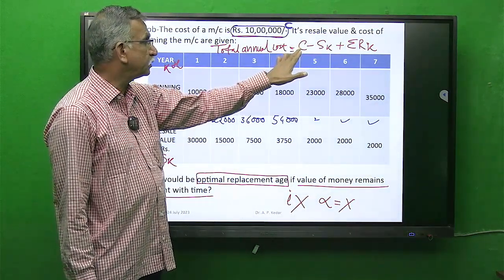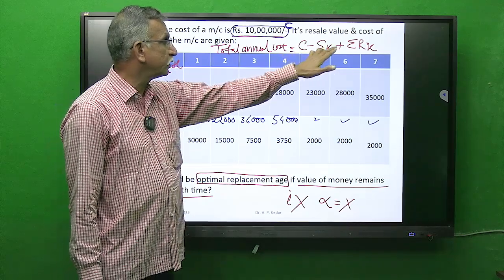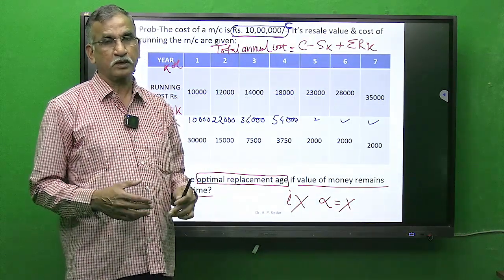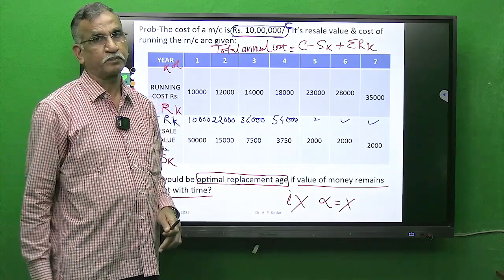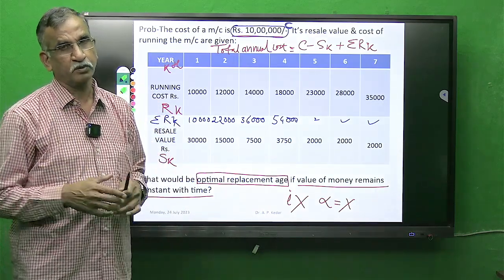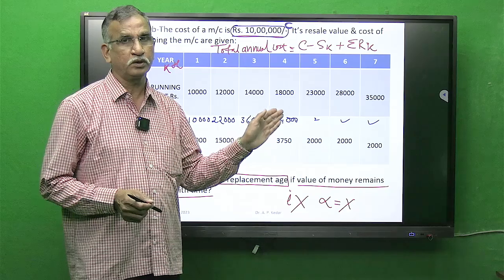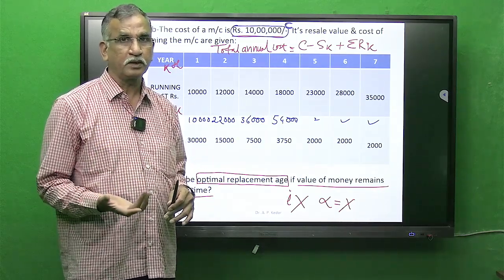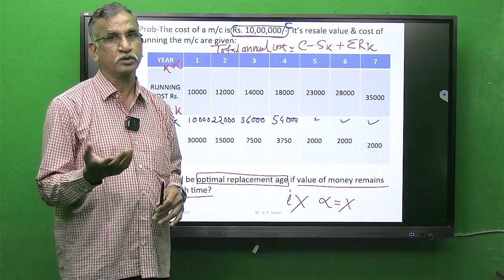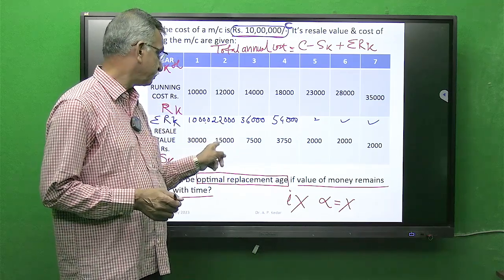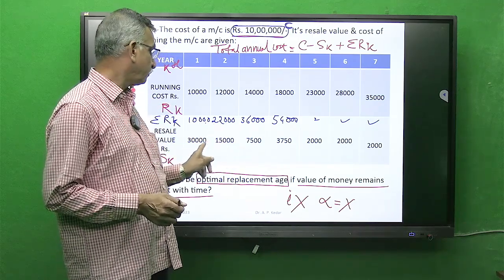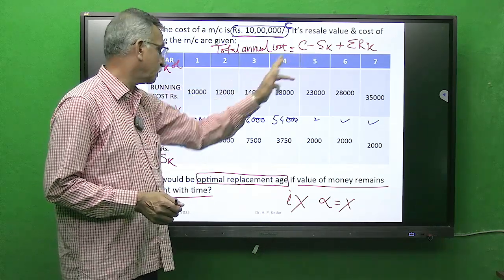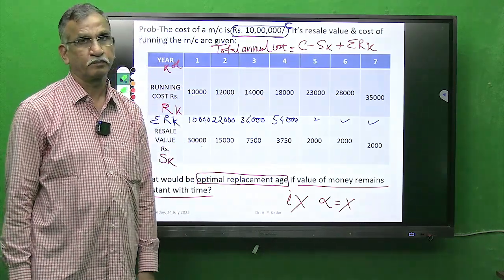We are adding initial cost with running cost. The plus sign is because that is expense from my pocket. At the end of some particular year, year 1, year 2, year 3, I am getting a return by resale, salvage or scrap, which is this amount. So for the first SK I will put 30,000, for the second 15,000, like that.